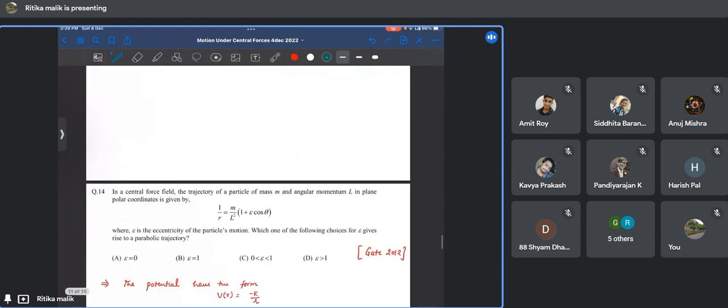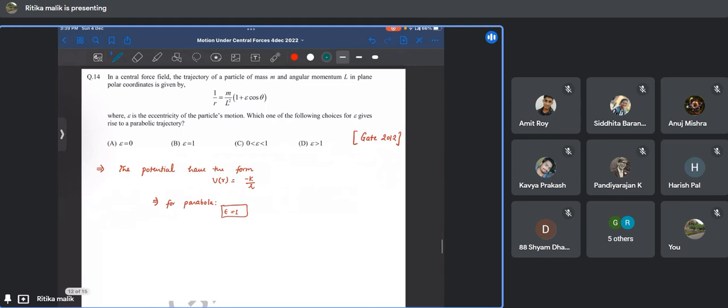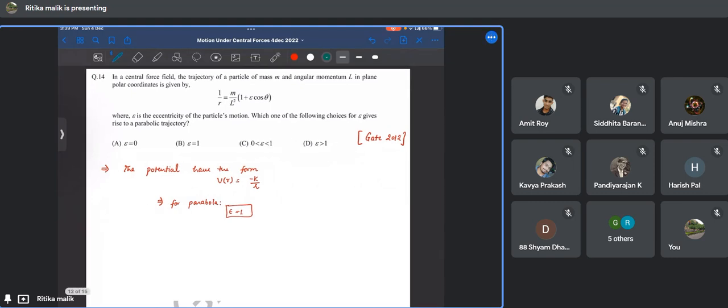So now we will see some questions that appeared in the GATE exam based on this concept. This was the question from GATE 2012. In a central force field, the trajectory of a particle of mass m and angular momentum L in plane polar coordinates is given by this equation, where epsilon is the eccentricity of the particle motion. Which of the following choices for epsilon gives rise to a parabolic trajectory?